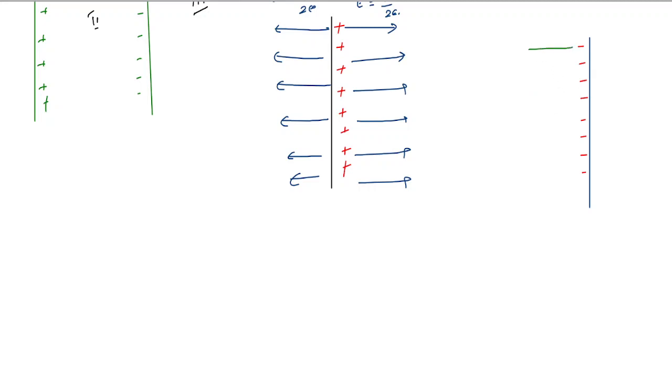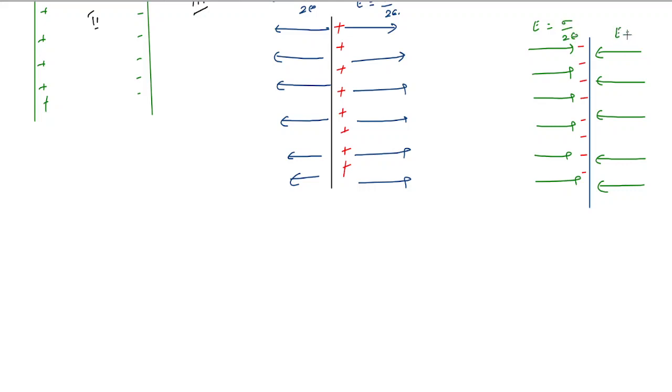The parallel fields, it is towards the plate. It's the same thing this side also. The field is towards it like this. So remember, it's like a uniform field, and even here this field value would be the same in magnitude, which is E is equal to sigma by 2 epsilon naught, but in different directions here.